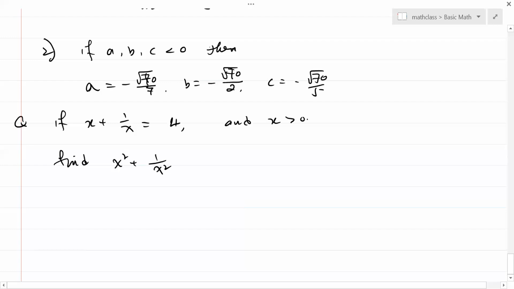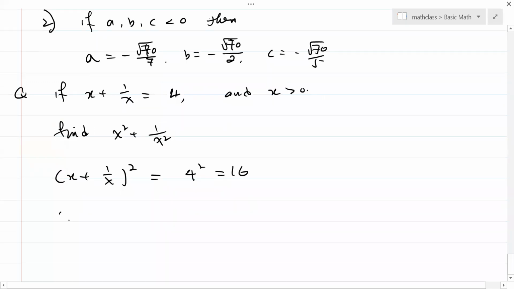All right, so what is the best way to do this? Well, you say, if I find the x, then I can solve the problem. Yeah, you can do that, but in this case, you probably don't need it. Because when you square it, the left-hand side is 4 squared, which is 16, no problem.